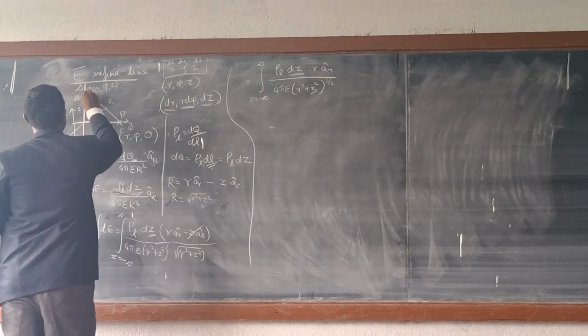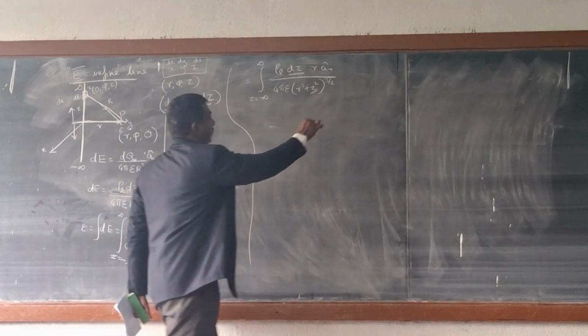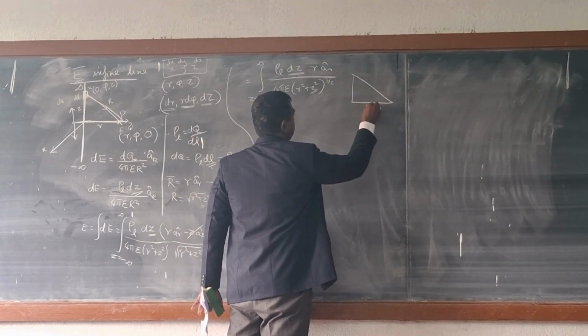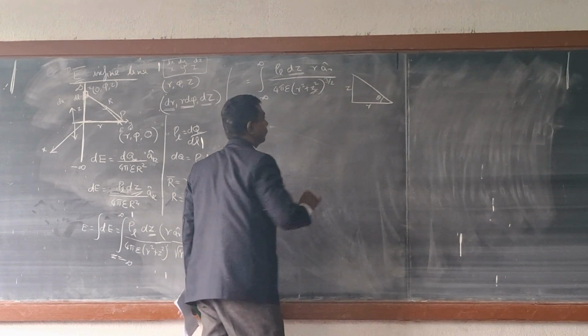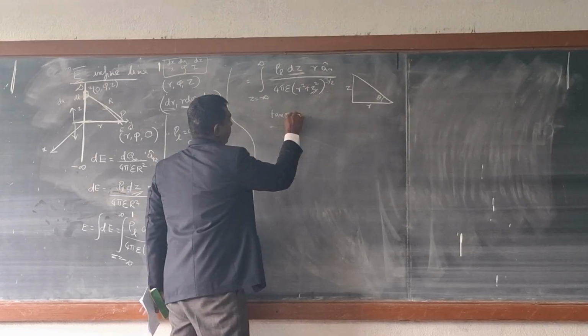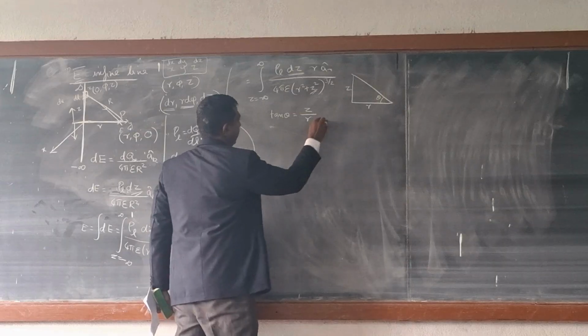You take this triangle, right? I am taking this triangle, same triangle here. We know this is R, this is Z. Let this be theta. What is tan theta? Tan theta is nothing but Z by R. What is theta then?